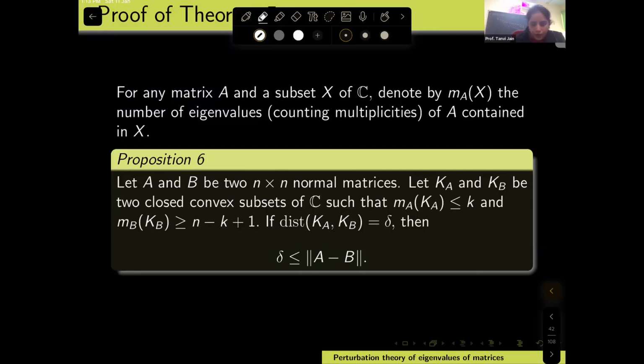These are two closed convex sets, and we take the distance between them, delta, to be greater than 0, otherwise it is trivial, so K_A and K_B are clearly disjoint. Let's denote the distance between K_A and K_B by delta.